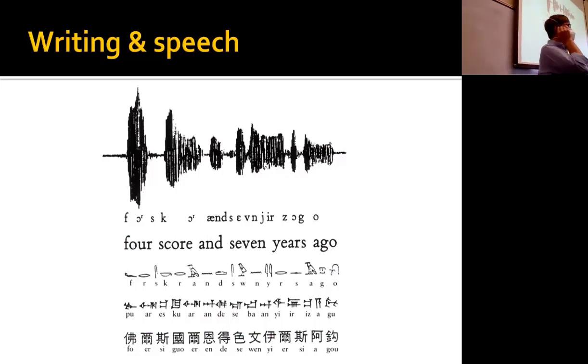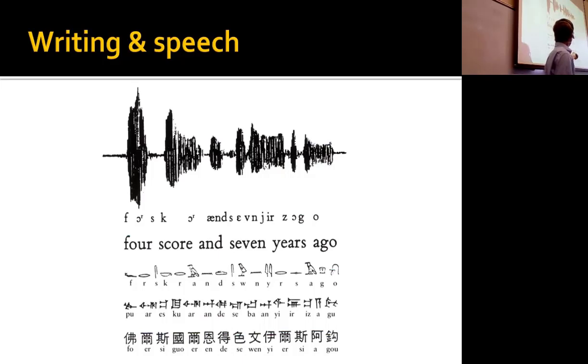But all writing systems can represent spoken language to an extent. Like here, seven years ago, you can record that phrase with Egyptian hieroglyphs. Of course, there'll be no vowels. But the fact that we pronounce R almost like a vowel in present day English is also helpful.